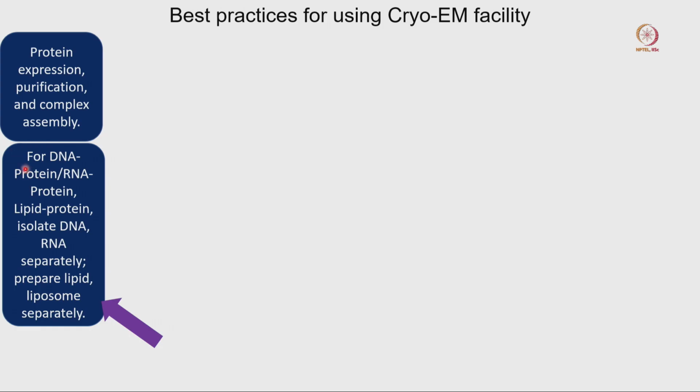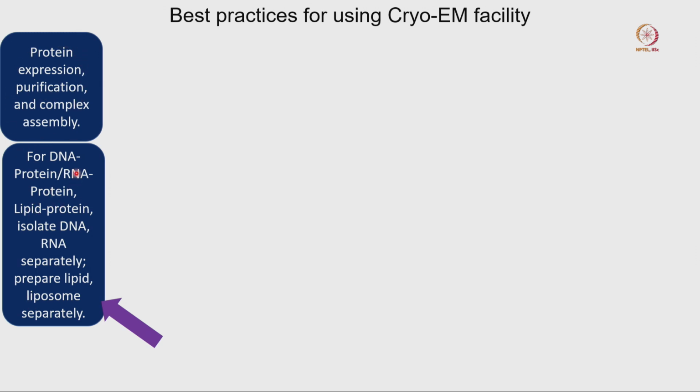Sometimes, specifically for DNA-protein, RNA-protein and lipid-protein complexes, what do we need? We need the pure DNA or RNA or lipid or liposome separately, and you have to purify the protein separately.